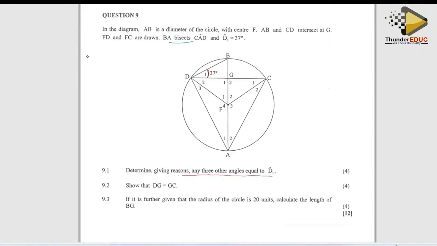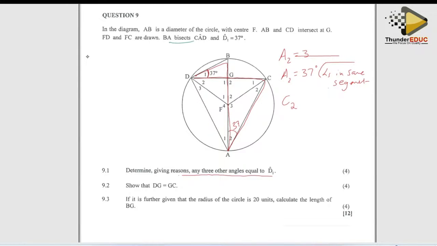So with this, I can say that my A2 is a 37. The reason is going to be angles in the same segment, because we can see the bow tie in this format. So this is a 37.